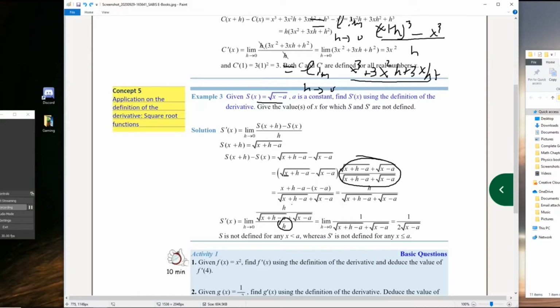What does that give you? It allows you to square this and square this, and that makes you able to subtract these immediately because they're out of the radical. You don't have to worry about anything. So it's x plus h minus a minus x plus a immediately, without the radicals, which is what I just showed you.